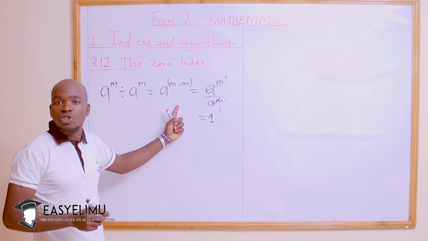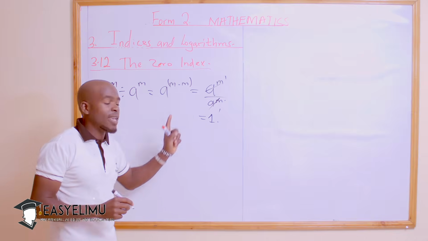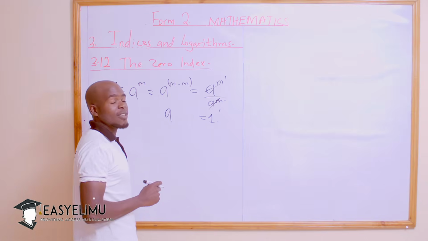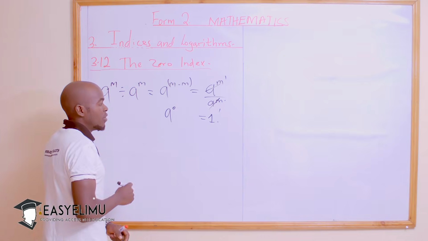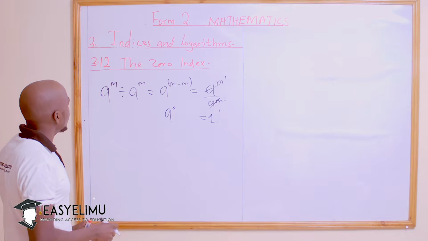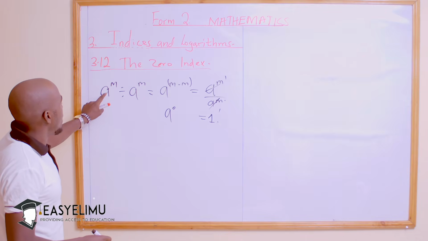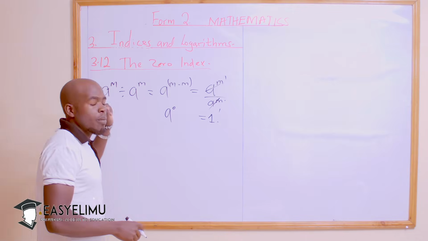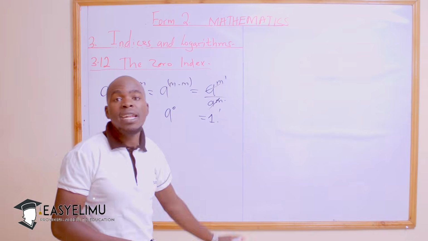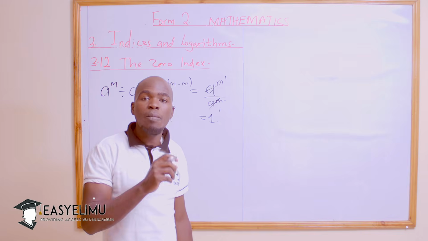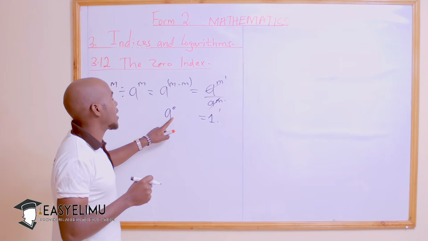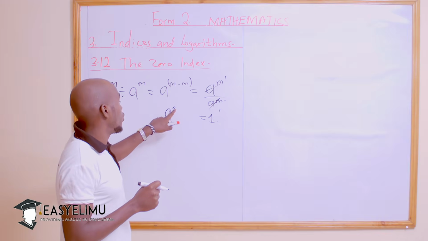But if you do it using the second law of indices, you will have a^(m-m), and m minus m is 0, so it will be a^0. So this simply implies that in case you have a number raised to a given power, then you divide the same base raised to the same power, you will end up with that number raised to 0.